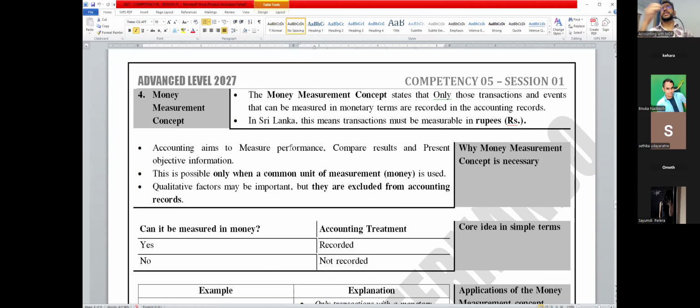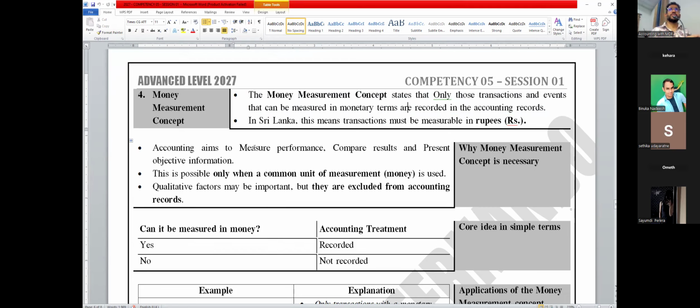We are moving to the fourth competency, that is money measurement. What does it mean? The money measurement concept states that only those transactions and events that can be measured in monetary terms are recorded. Once again, what does it mean?